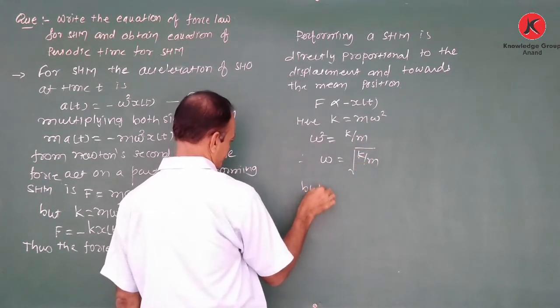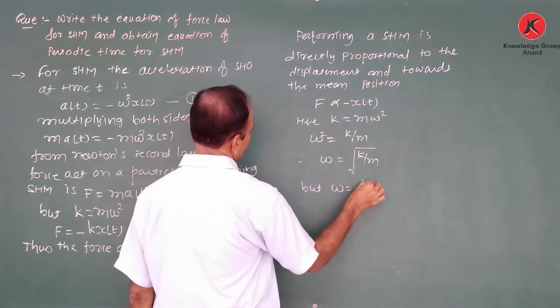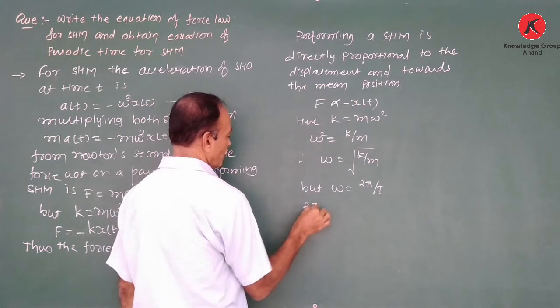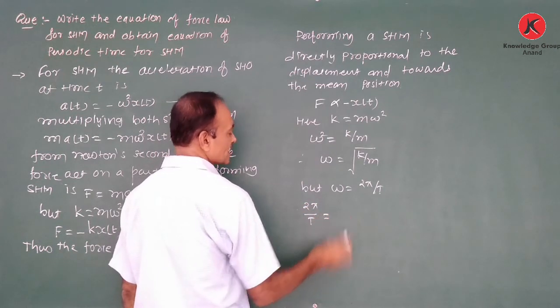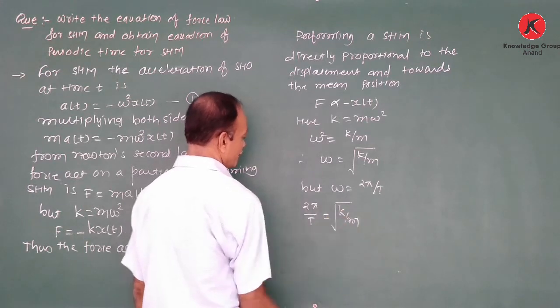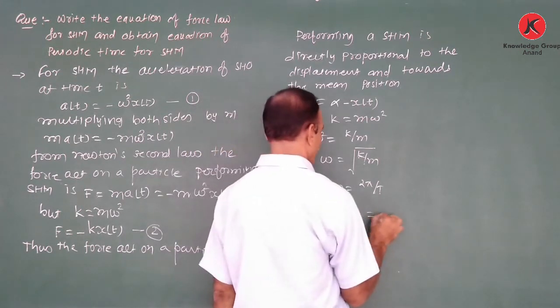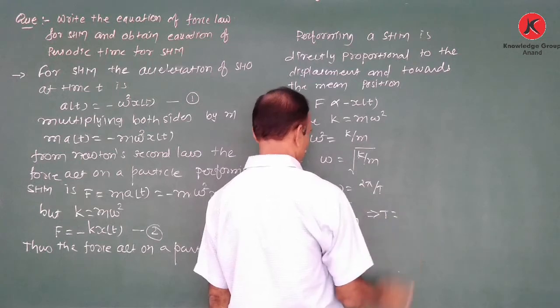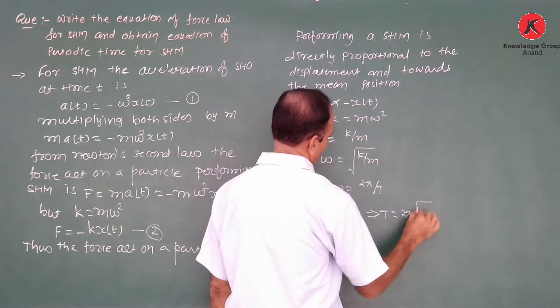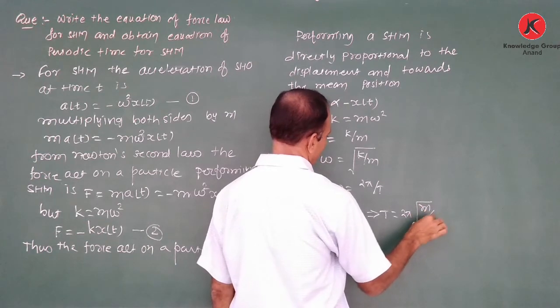But ω is equal to 2π upon T. Therefore, 2π upon T is equal to the square root of k upon m. Therefore, T is equal to 2π under root of m upon k.